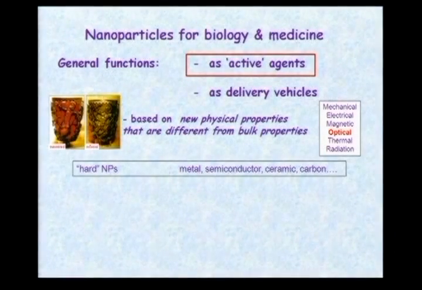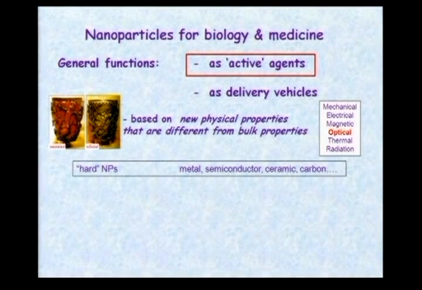That's based on the fact that this glass contains gold nanoparticles. So the ancient Etruscans knew empirically that the optical properties of gold were different if they used it in a colloidal form, which we now understand as nanoparticles. So the physical properties may be very different from bulk properties.